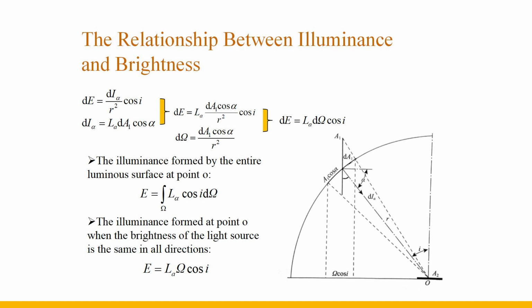The luminous intensity of dA1 to point O is dI, and the illuminance formed at point O is dE, which is equal to dI cosine I divided by the square of R. The relationship between dE and the luminance can be deduced, and then substituted into the solid angle to obtain the solid angle projection law. The illuminance formed by the entire light-emitting surface at point O is calculated by integrating. When the brightness of the light source is the same in all directions, the integration is omitted.